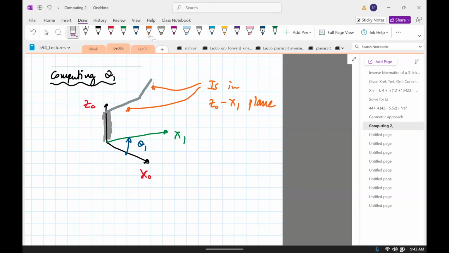So let's say that we are able to place this manipulator at the reference x ref, y ref, z ref. If that's the case, then we can do this simple construction, as I'll show you.